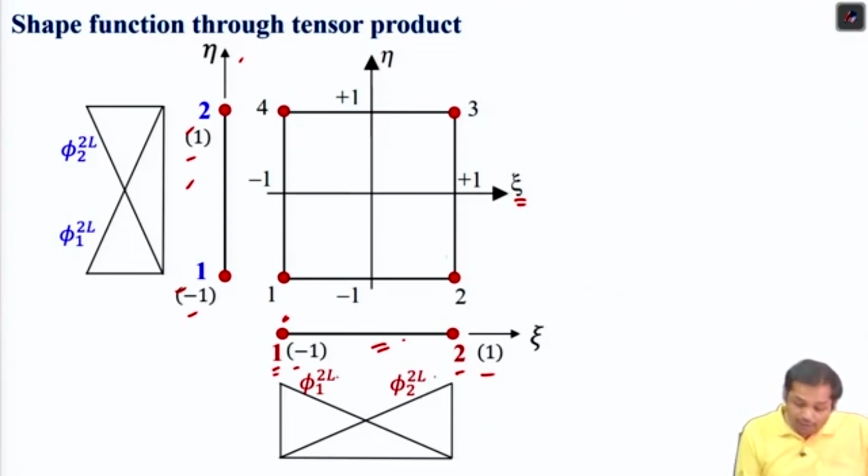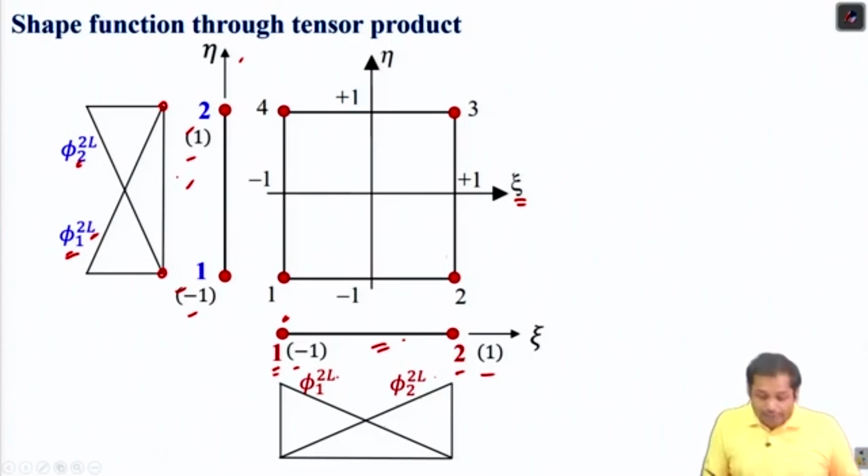The 2L means it is a two-noded linear line element. That's why it is written like this. Similarly, here also the shape functions are phi 1 because it corresponds to node number 1, and phi 2 because it corresponds to node number 2, and 2L because it is a two-noded line element. So this we already know, right?